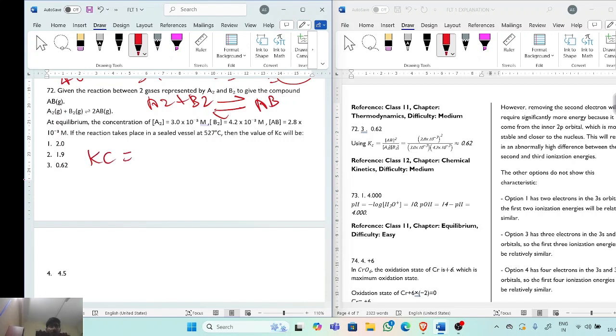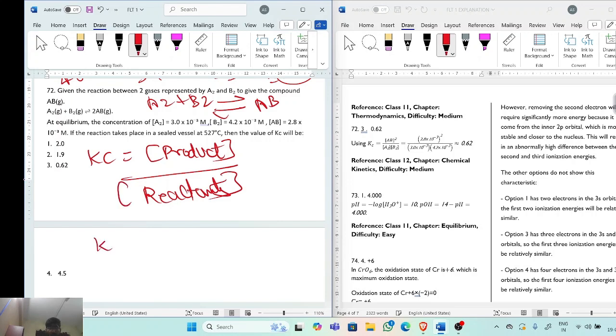Okay, so we know the value of Kc will be the concentration of all products over the concentration of all the reactants. So Kc here, the product is AB. The concentration of AB is 2.8 into 10 raised to the power of minus 3, and the stoichiometric coefficient is 2, so 2 will come in the power.